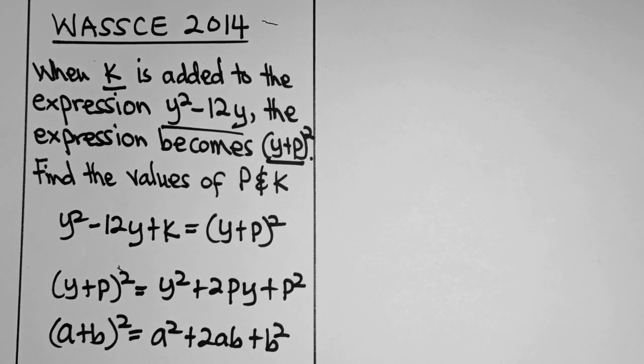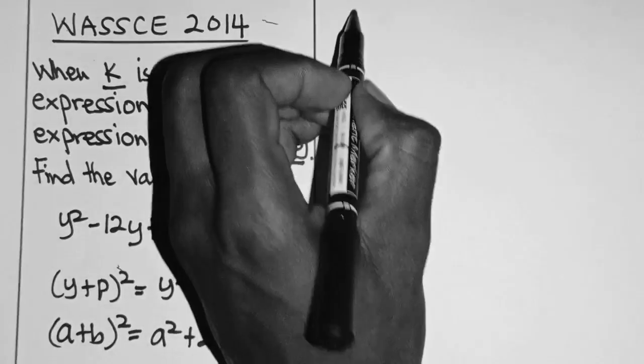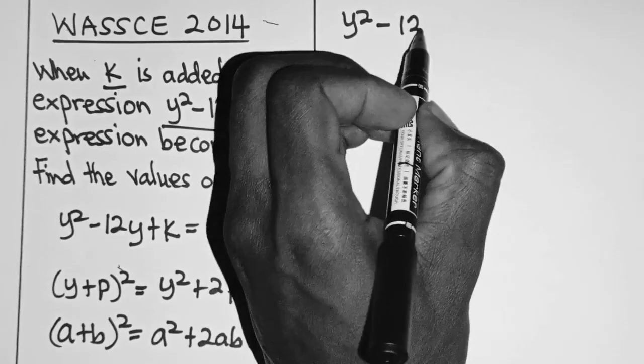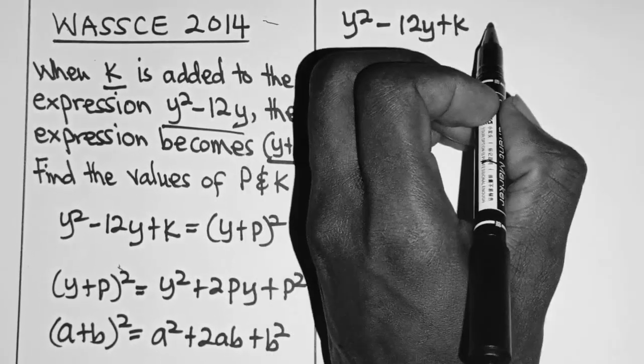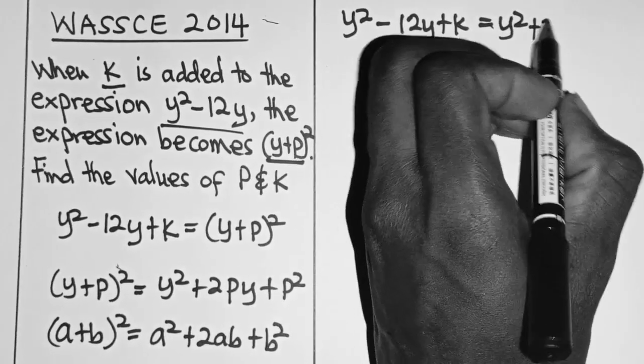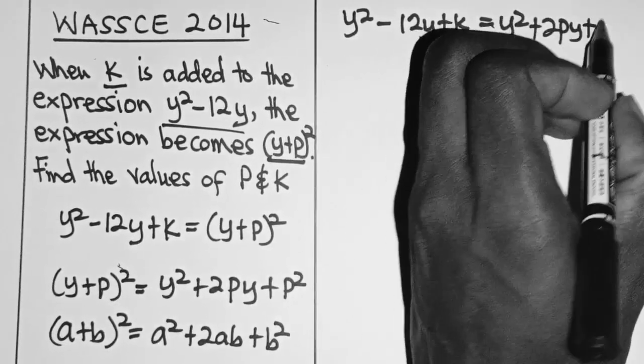So this implies that y squared minus 12y plus k is equal to y squared plus 2py plus p squared.